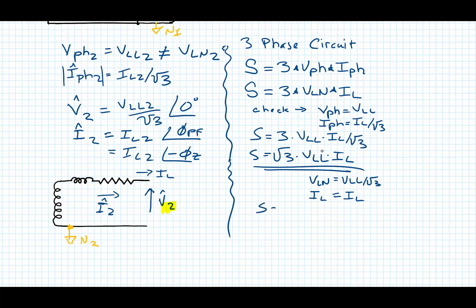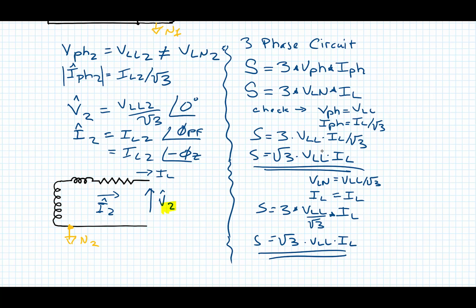So what is the S? The S would be 3 times each line to neutral power. This is again just amplitudes or volt amperes, so it'd be 3 times V line to line divided by square root of 3 times I line, or square root of 3 V line to line I line. So we've checked it and this works.